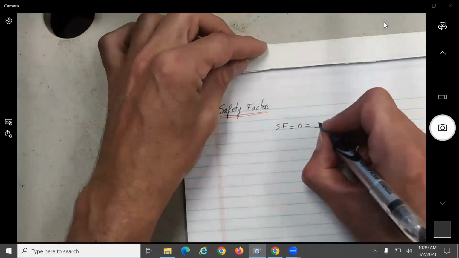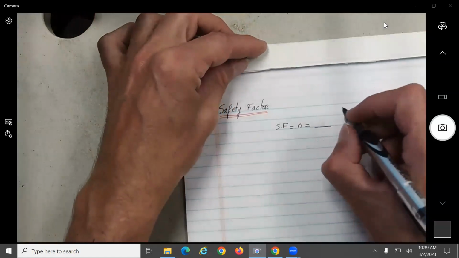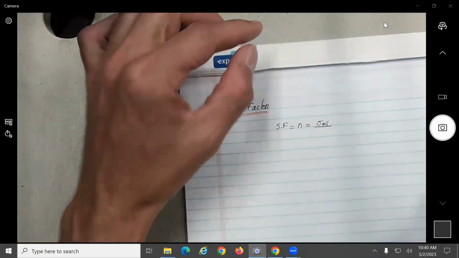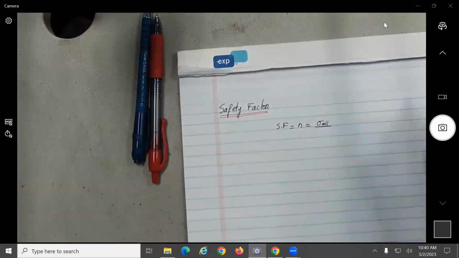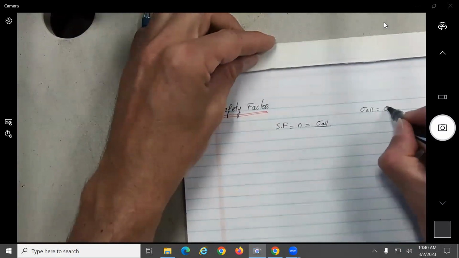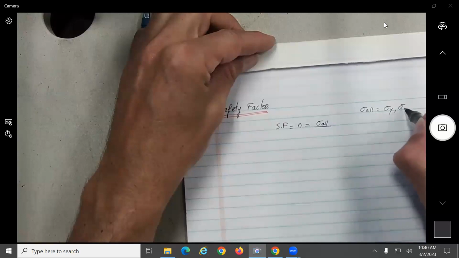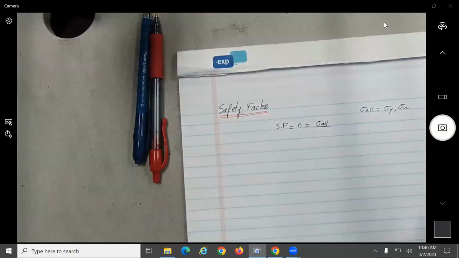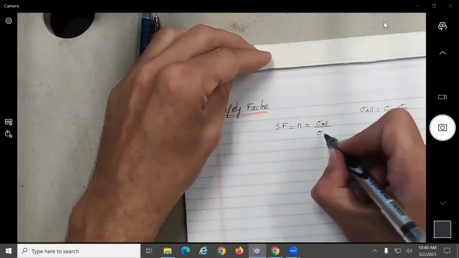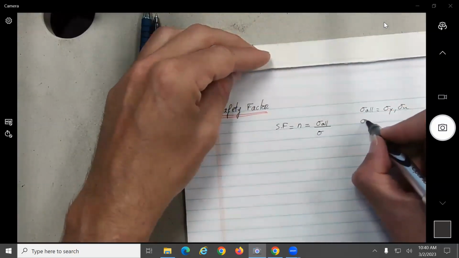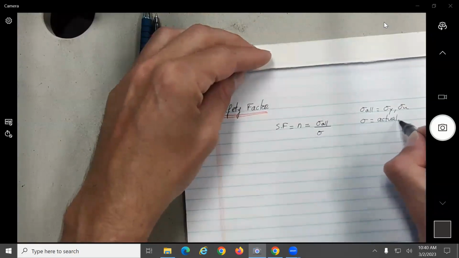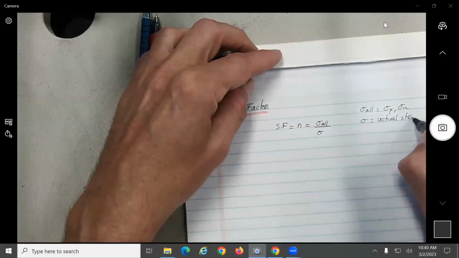So let's say the allowable will be your sigma yield or the ultimate in most cases, divided by the actual stress, sigma.